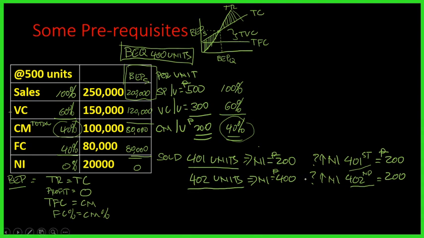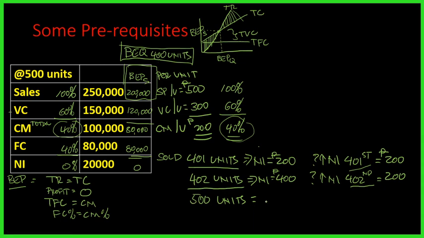Now, if you try to put things together, parang may shortcut ka na. It's so easy to compute for your net income. For example, kunyari hindi natin alam itong data na to. You want to compute for your net income at 500 units. How will you compute? 500 units, this is 100 units above the break-even point of 400.